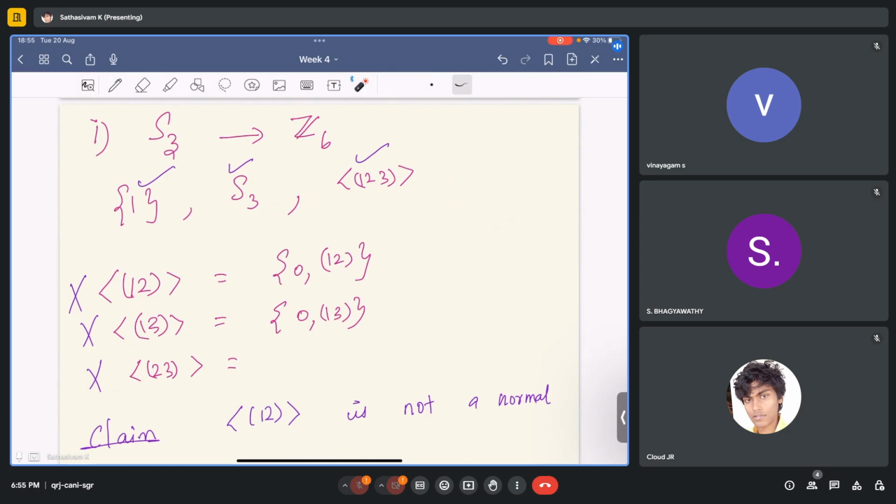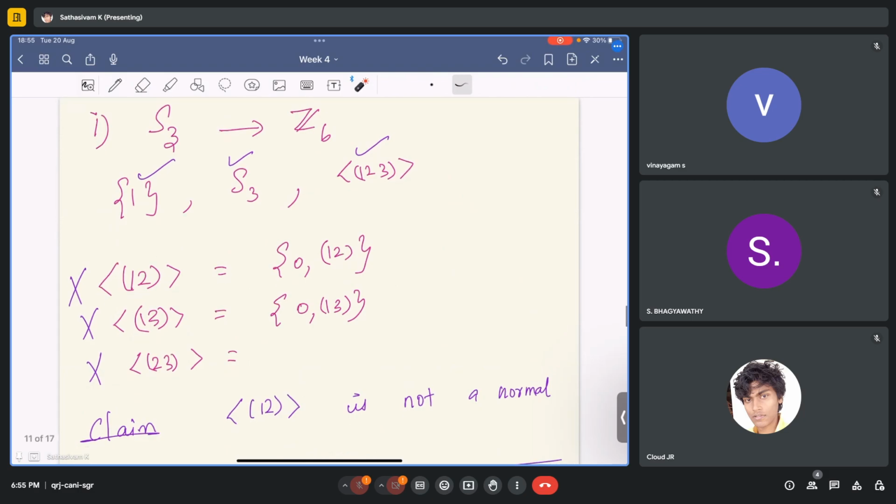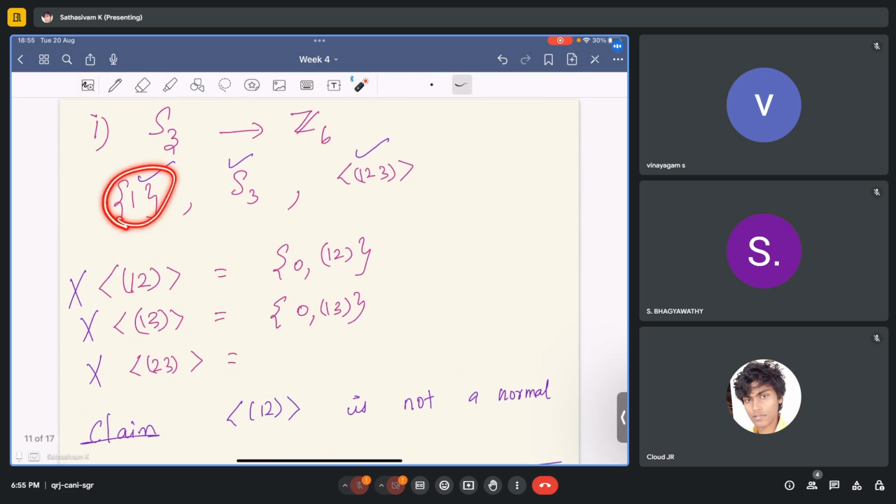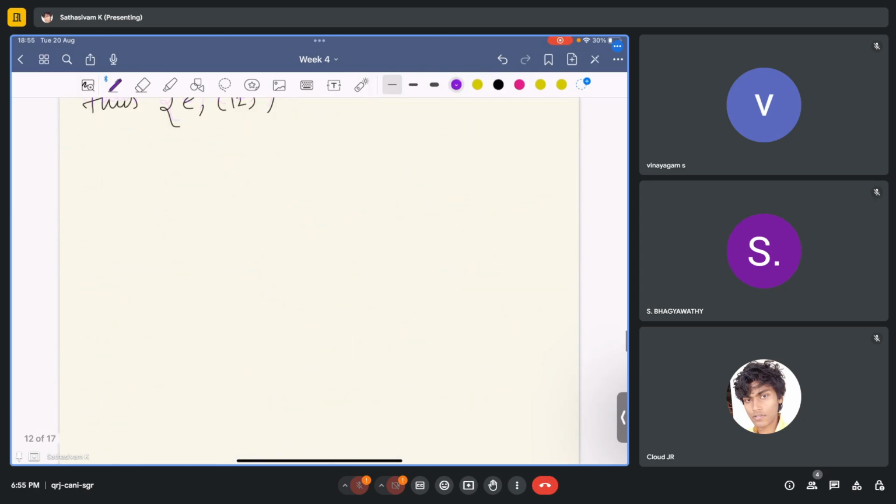Okay, so let's find all the normal subgroups. What can we do again? Let's look at the possibilities for the kernel, which are basically these three subgroups. So let's start with a homomorphism φ from S3 to Z6. The possibilities for the kernel are three subgroups.